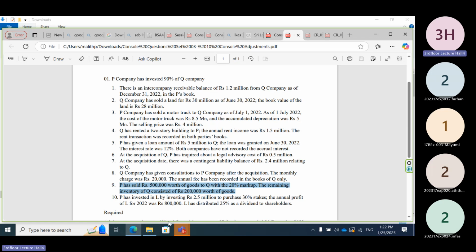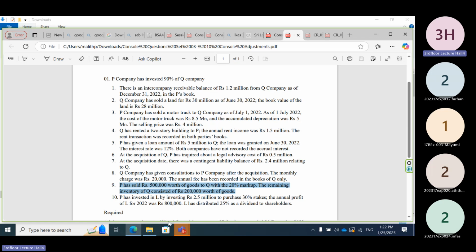Say you buy some item for 4 rupees, and you sell it for 5 rupees. So your sales is 5, your cost of sales is 4, your gross margin is 1.